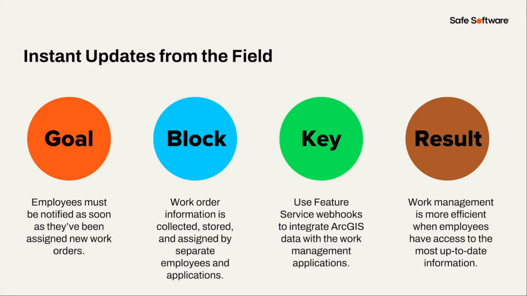The challenge is, how do we carry that data from one application to another and let the right people know when it's available? Often we might spend a lot of our own time doing this kind of administrative management work, but in this demo, we're going to automate the entire process with a feature service webhook. So let's dive right in.